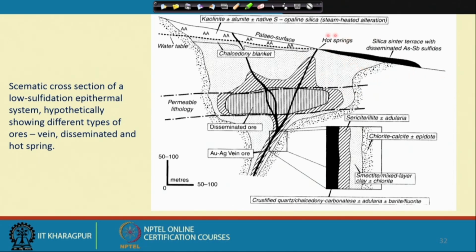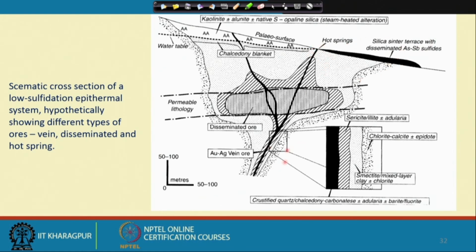They are associated with the hot spring or the sinter type of deposits where we sometimes get good concentrations of arsenic and antimony sulfides in the form of realgar and orpiment, and also mercury deposits, which resemble very much the sinters at the vents of hot springs in different parts.